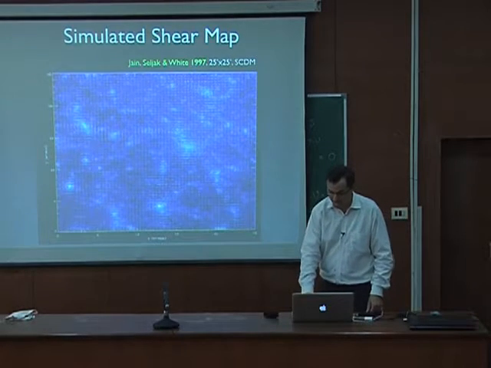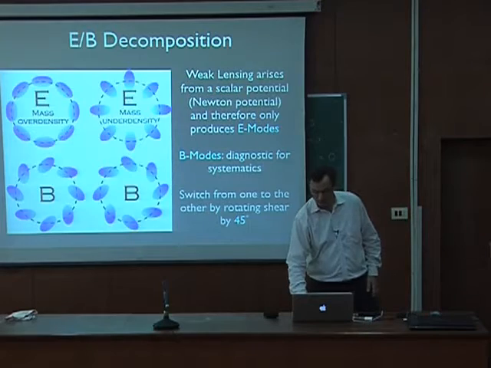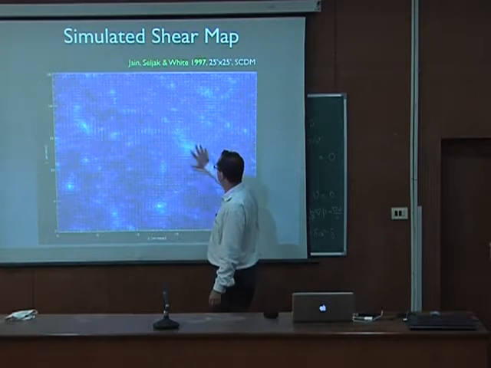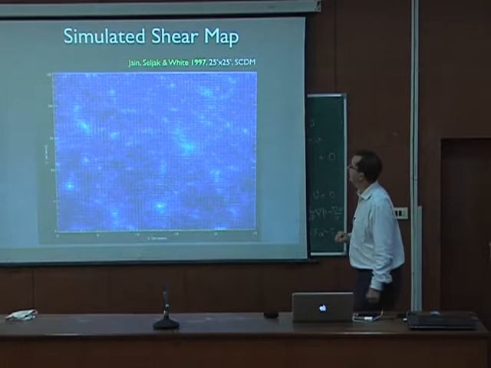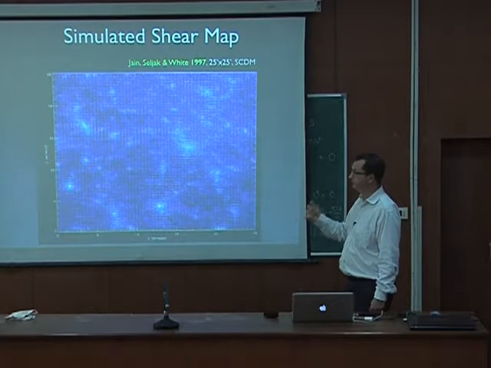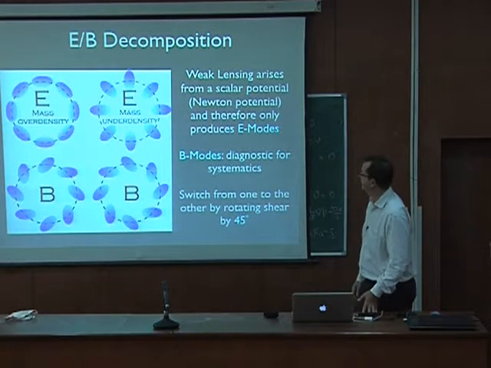That's what I described briefly before, so let me repeat. One can take any such shear field, any such headless vector field, or massless spin-2 vector field, and you can show that you can always uniquely decompose it into two kinds of modes, or two kinds of patterns, if you wish.